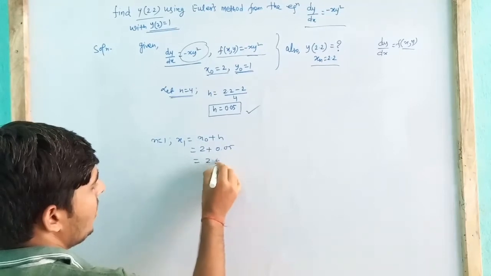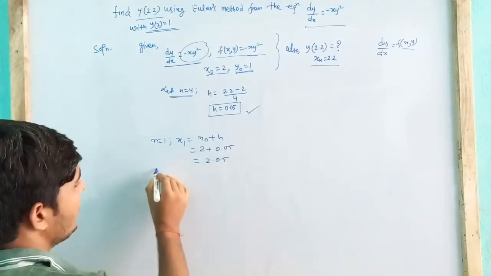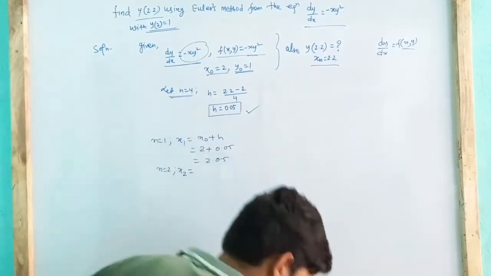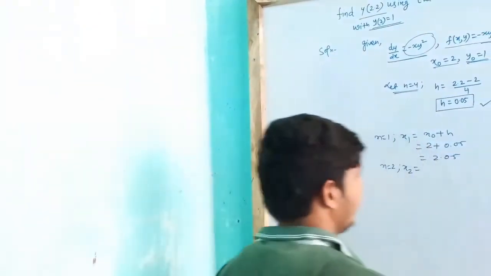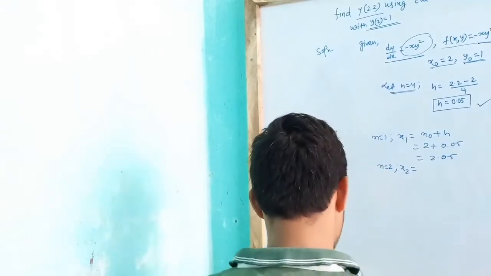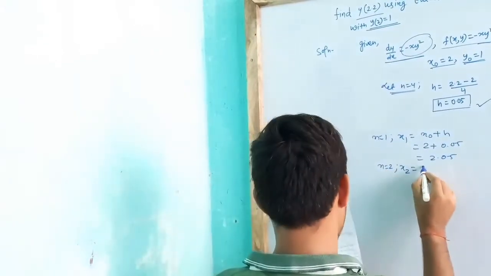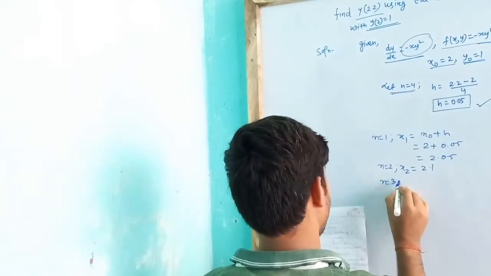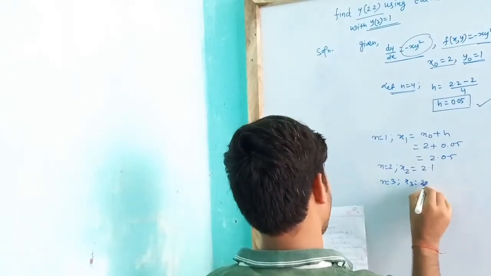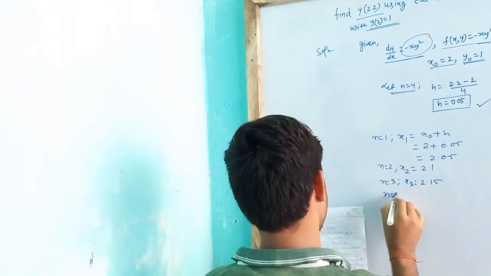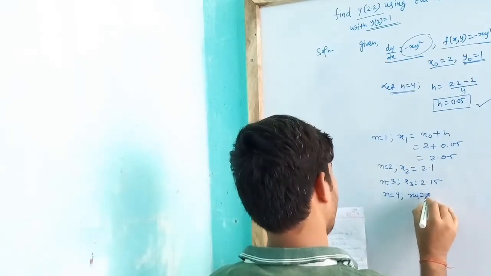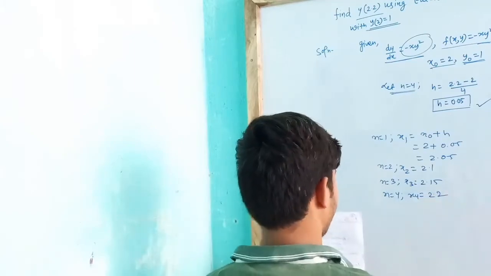So it is 2.05. In this way, for n is equal to 2, x2, I am writing the values directly here; you can calculate the values. So the second value is 2.1, and for n is equal to 3, x3 is equal to 2.15, for n is equal to 4, x4 is equal to 2.2.